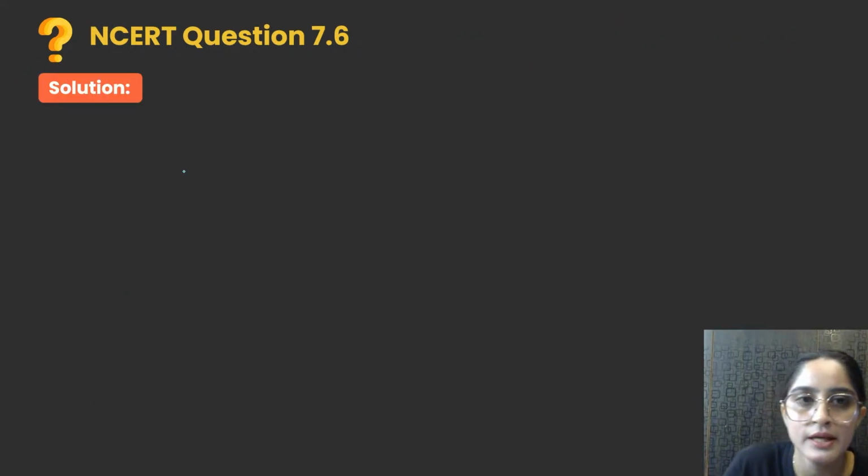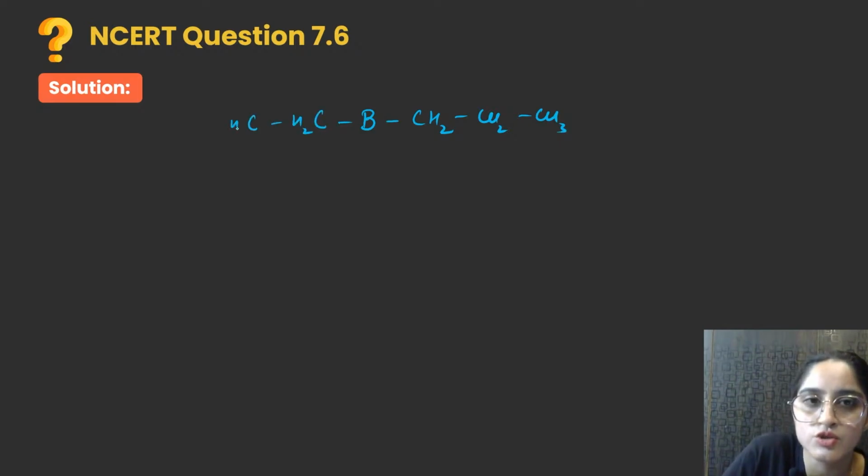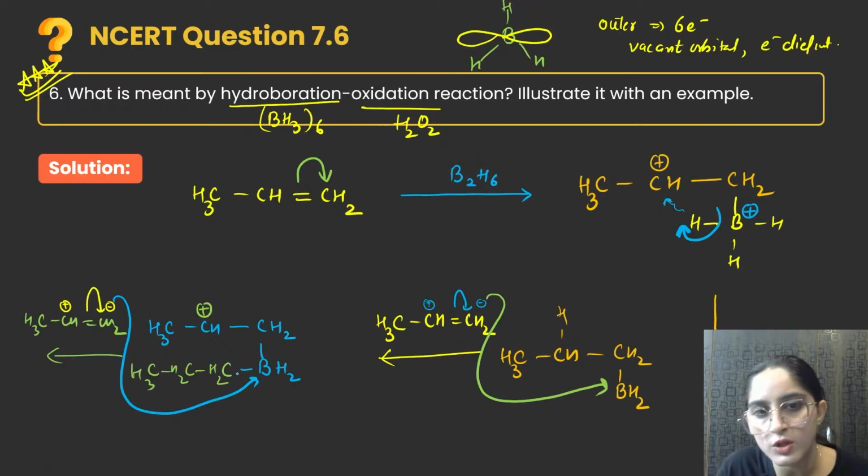So what will happen? In the end, you will see a borane that will have a CH2, a CH2, a CH3, a CH2, a CH2, a CH3, and beta again a CH2, a CH2, a CH3. Okay, because beta here also what exactly happened? This is again positive, right?